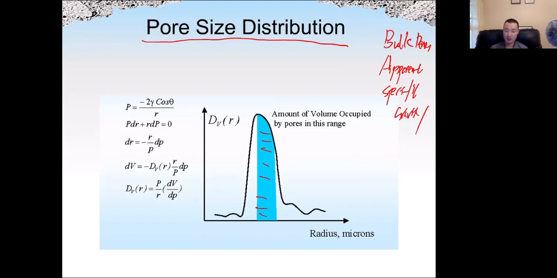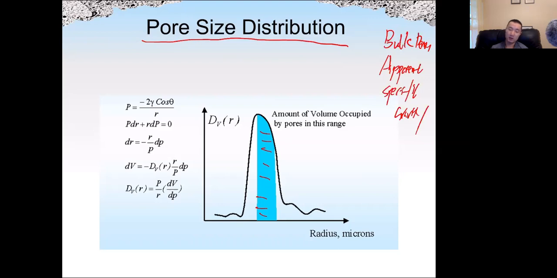Okay. But because the pressure applied by the mercury is very high, it's hundreds of thousands of psi, it may damage the real pore structure, which means the measured pore structure may not be the same as before the pressure of the mercury is applied.